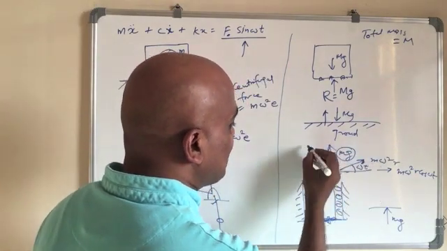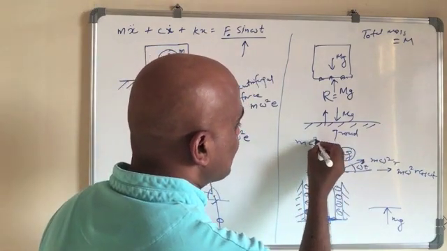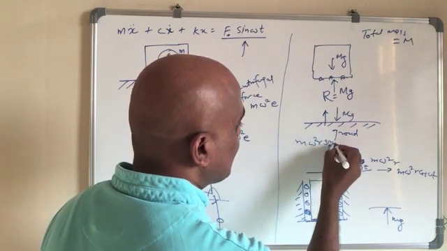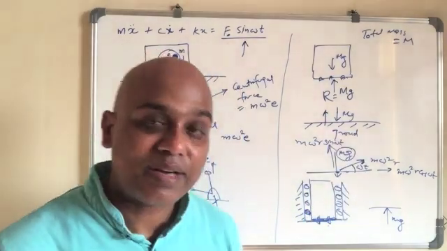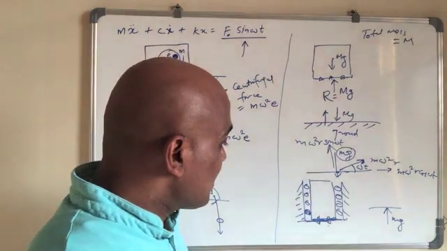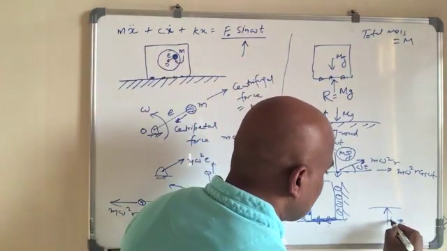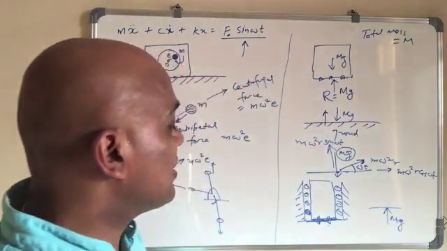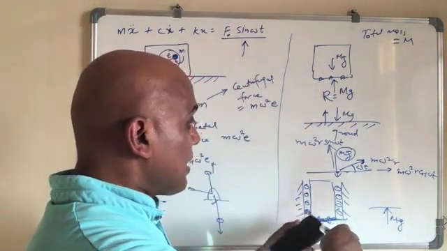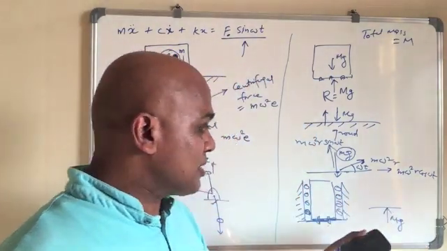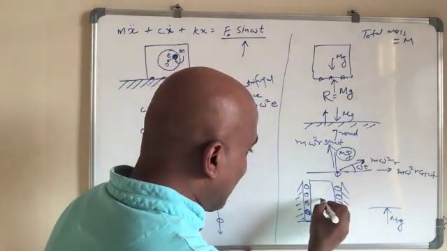So the vertical component will be m omega square r sin omega t. Okay, so basically this is capital M g here, to the ground. Okay, first look at this one.